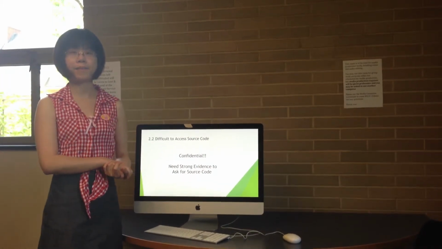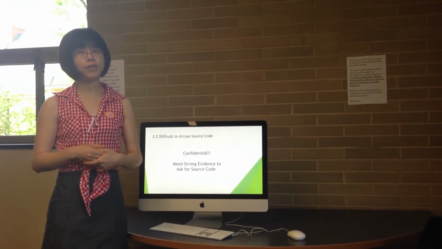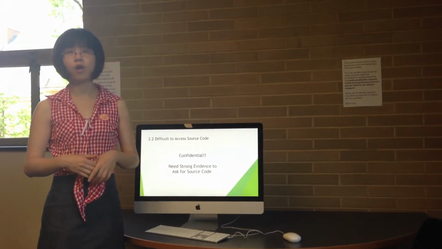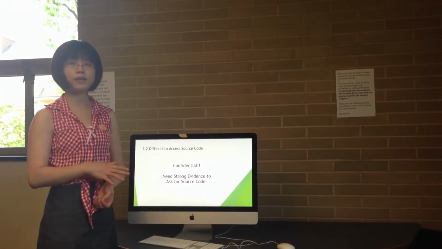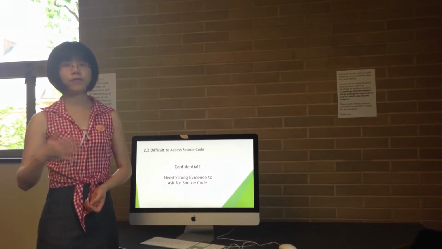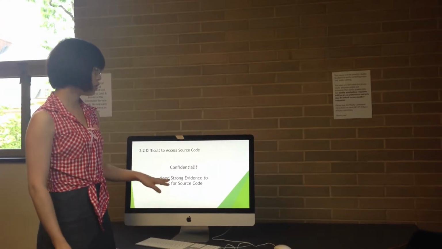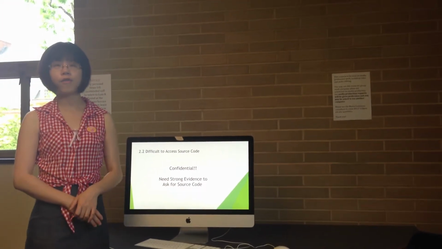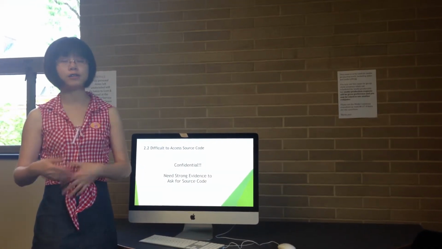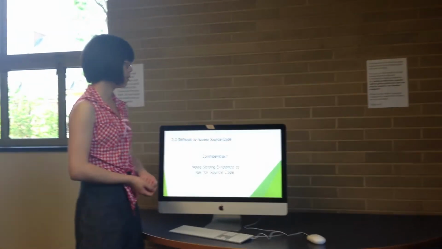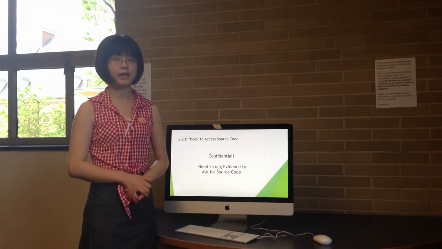So Compuware had to find strong evidence that IBM actually copied their code. After that, it could ask IBM to give them the source code for further analysis. Without strong evidence, it's impossible for the plaintiff side to ask for the source code from the suspicious side. So this is another difficulty that software plagiarism detection faces.